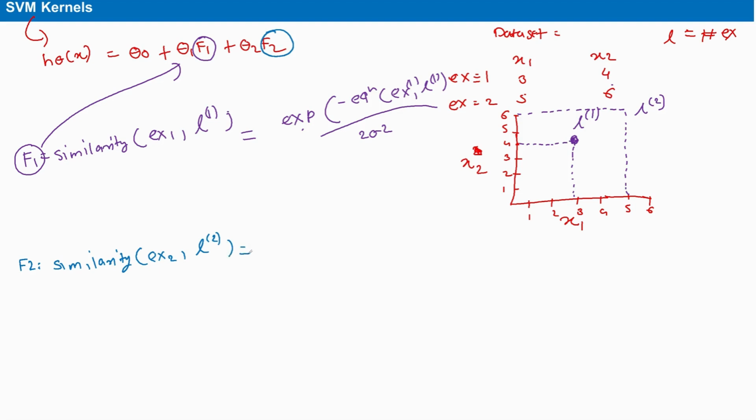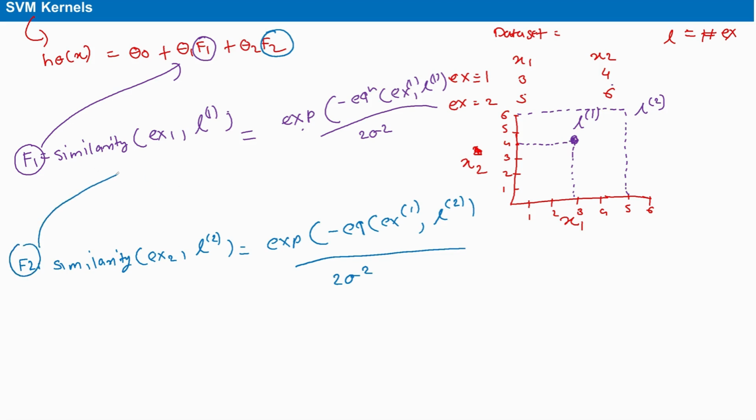Again the same formula: exponent of minus the Euclidean distance between example 2 and landmark 2, divided by 2 sigma square. Like that it will find f2 also, and this f2 gets substituted here.